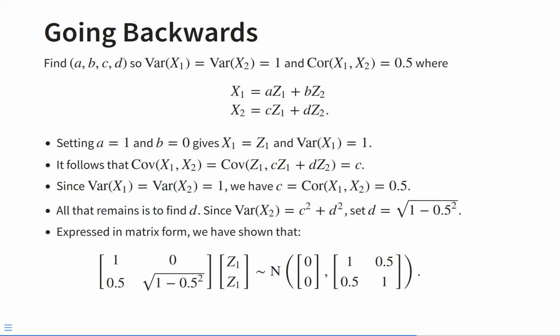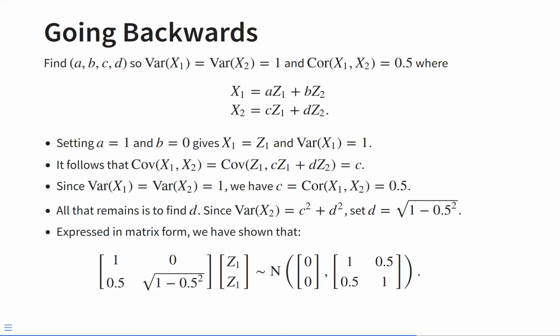So in other words, we just need to set c equal to 0.5. And if we do that, then we will in fact induce the appropriate correlation structure. Now we have yet to specify d. So what is d going to be? Well, remember, we need to make sure d is not going to affect the covariance between x1 and x2 on this particular slide.